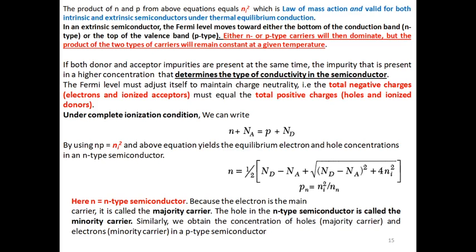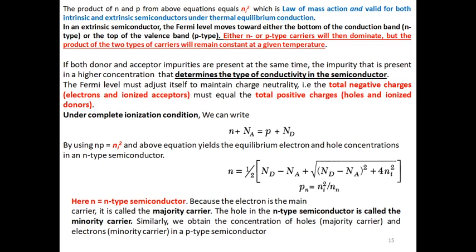This law of mass action is valid not only for the intrinsic semiconductor but also for the extrinsic semiconductor, as we saw in the two equations before, under thermal equilibrium conditions. In an extrinsic, or doped, semiconductor, the Fermi level moves toward either the bottom of the conduction band, in n-type, or the top of the valence band, in p-type. Whichever carrier type dominates, the product of the two types of carriers remains constant at a given temperature.